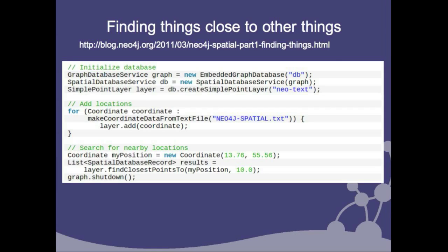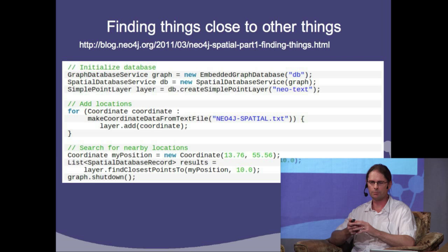I mentioned at the beginning that everyone else does points and we do everything else. This ended up hurting us at one point because they said that our system was too complex for the average user. So we wrote a small API which allows you to do the simple location-based searches that everyone else wants. And here is a complete example, including initializing the database, loading data, and performing the search.